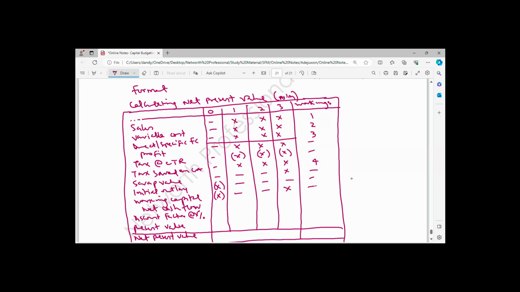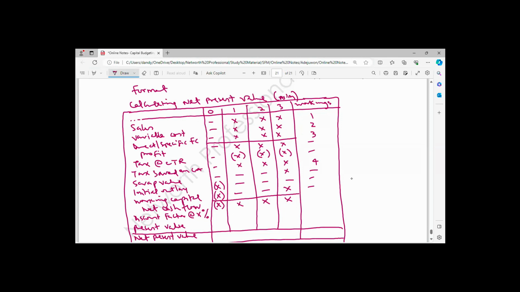Okay? Then at this point, we need to determine the net cash flow. I will then add up everything. I will have this cash outflow, cash inflow, cash inflow, cash inflow. So at this point, I will go back to the question, am I given cost of capital to use? At times, examiner may not give you cost of capital. It may well be that you are the one that will compute the cost of capital. Whatever the case may be, I will pick my cost of capital.